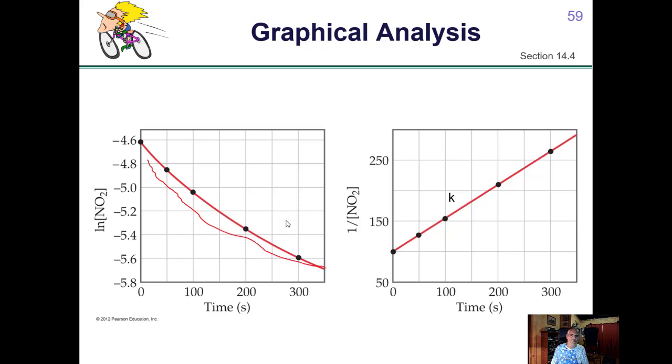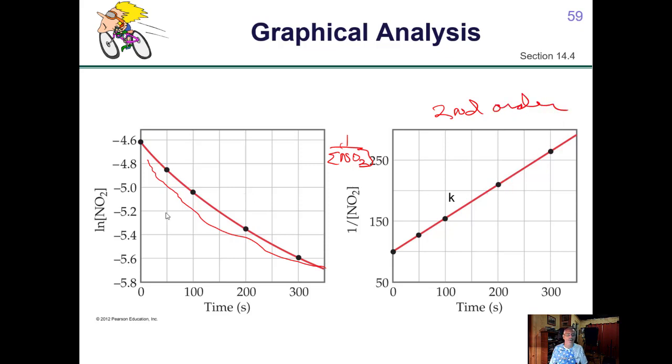If I graph the inverse, 1 over the concentration of nitrogen dioxide versus time, and I get a straight line with a positive slope, I know that this is a second order reaction.